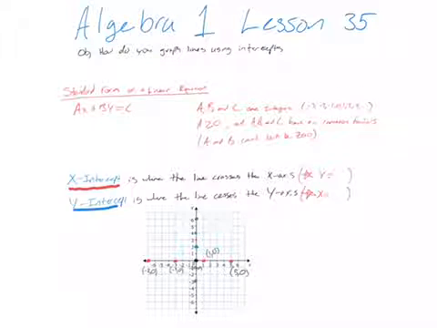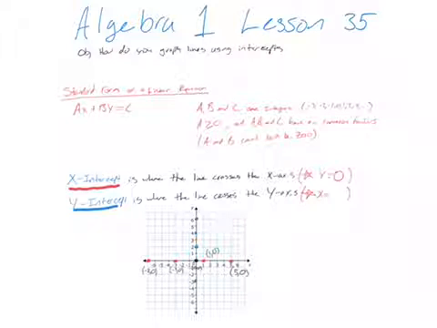So notice, what do all of these points have in common? Well, all of them, the y is equal to 0. So on any x-intercept, the y is equal to 0. And that's true anywhere on the x-axis. Any number along here, the y is equal to 0.